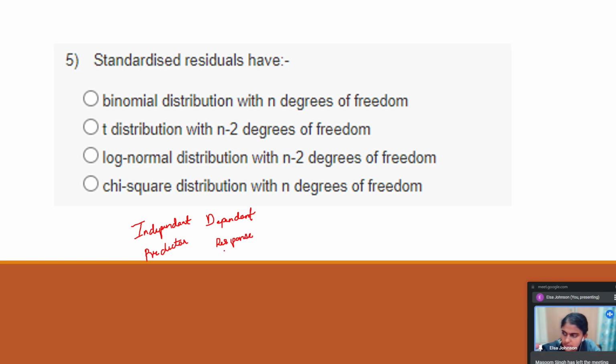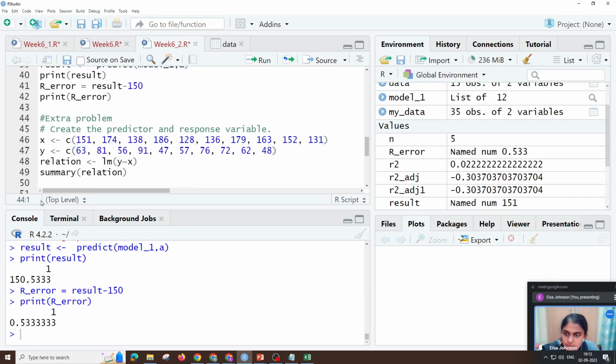I think this was explained in the lectures. So just create the predictor and response variables.